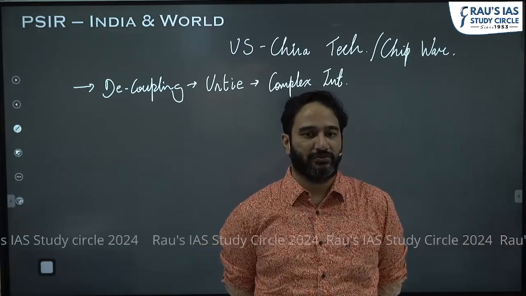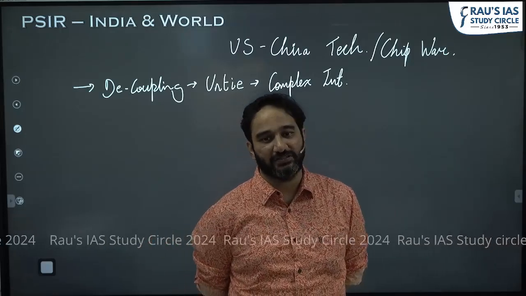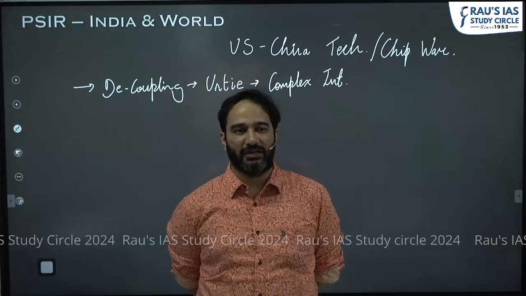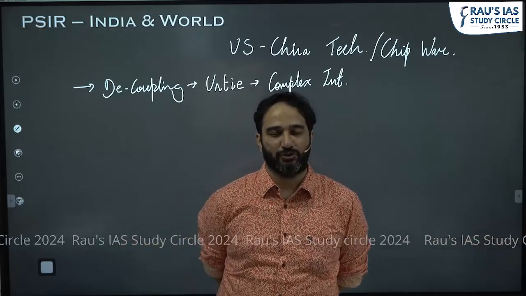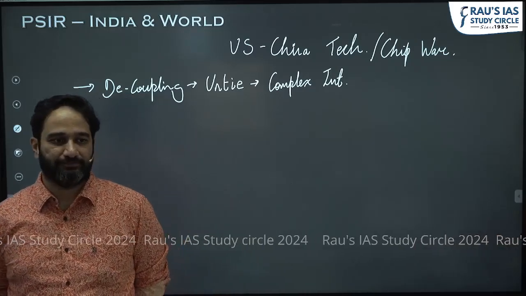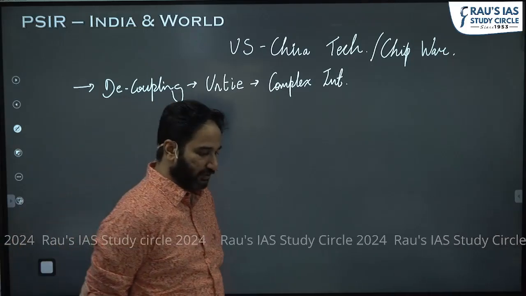So meaning the US also said to the Netherlands, the Europeans, the Japanese, the Taiwanese, you also decouple. Only them doing this would not have a large impact. Other countries also have to decouple from the Chinese. Any doubts? All right. Write down the next point.